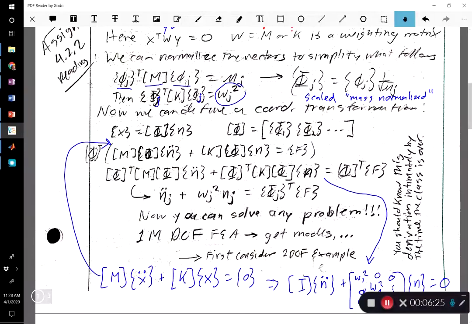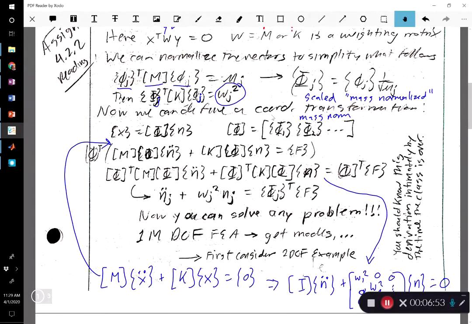So this allows us to put the equation of motion in a really simple form. We do that by replacing our vector x in the original equation of motion that we have down here with a matrix phi times eta, where the columns of phi are the mass normalized eigenvectors of the system.